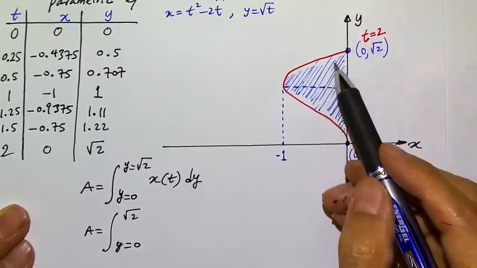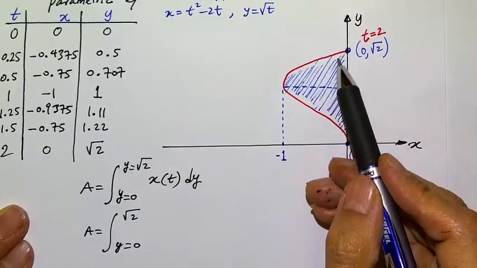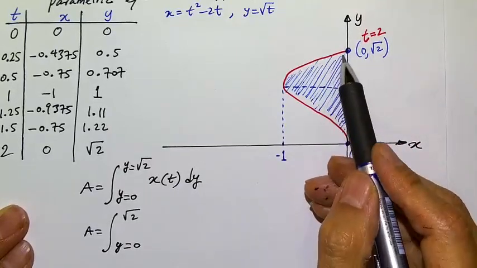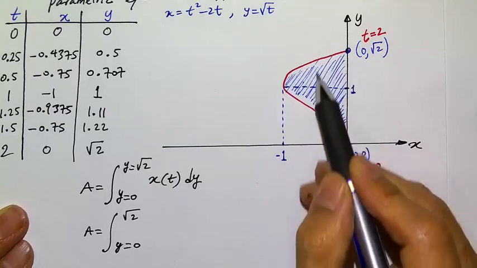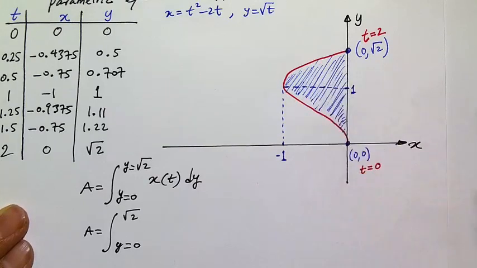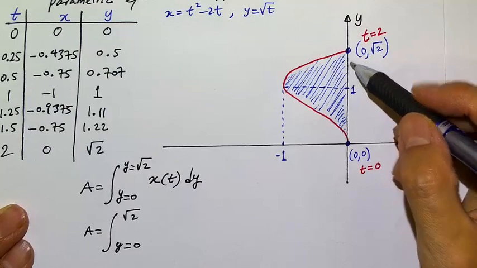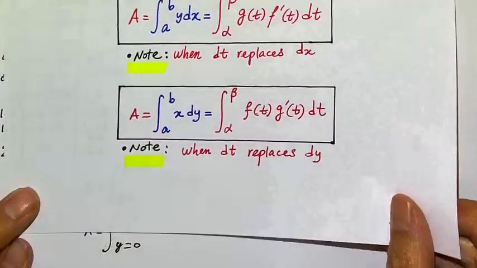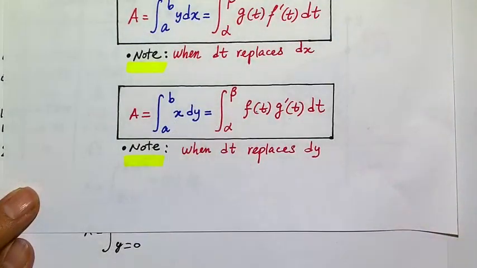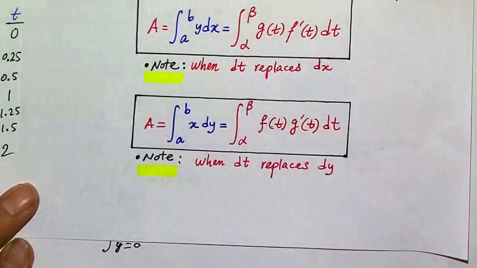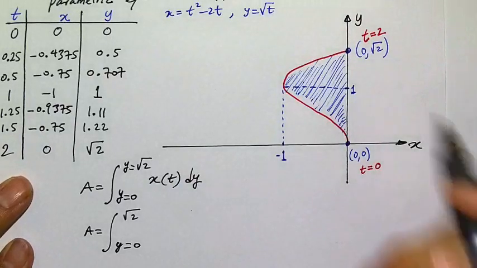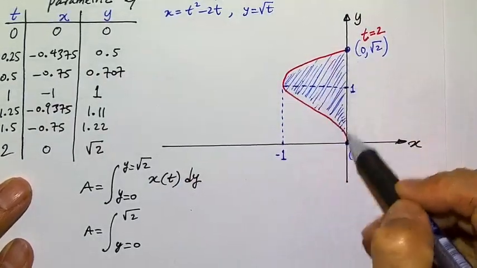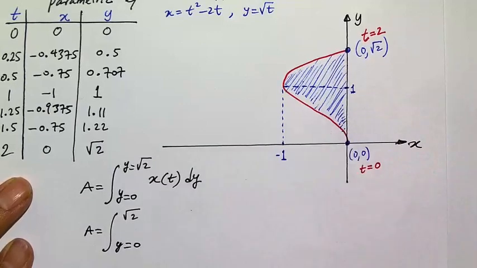If you do the opposite, you can still get the same value, but it's going to be negative. You'll end up with a negative area value. To end up with a positive area value, we must make sure that what we're subtracting is the larger minus the smaller one. If you do smaller minus the larger one, then you will get a negative area value.